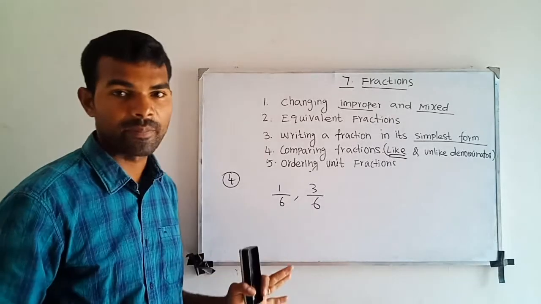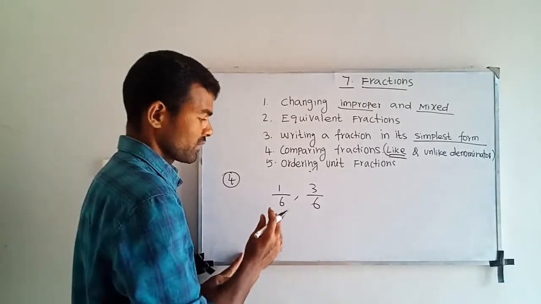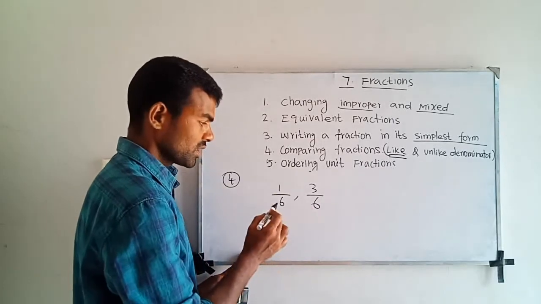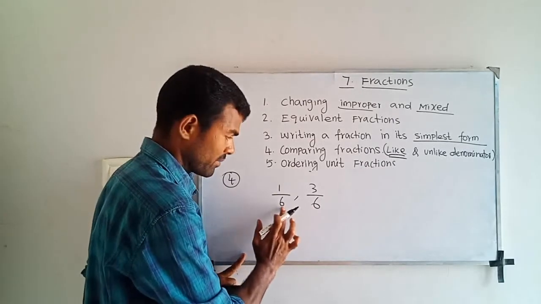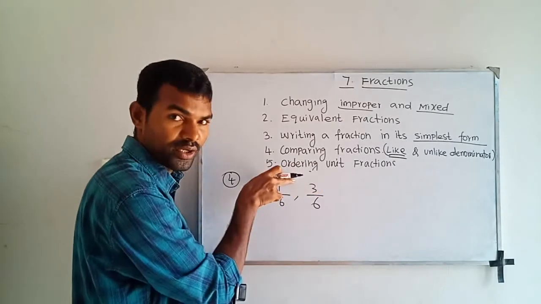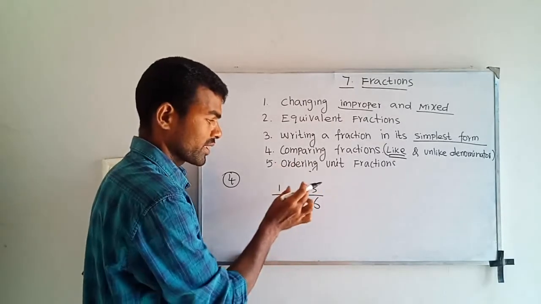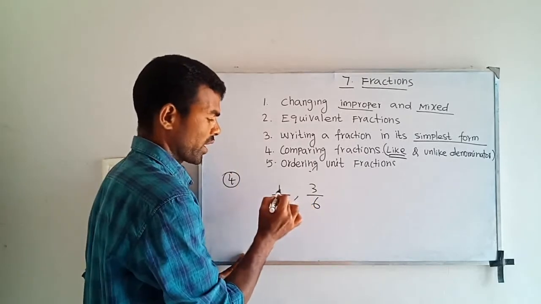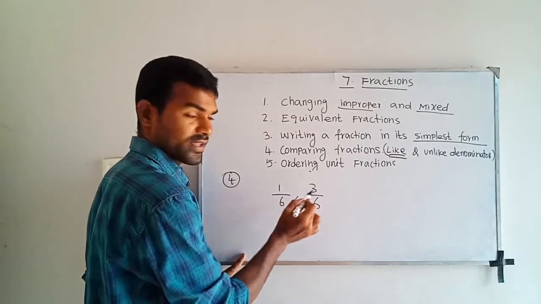We are going to compare 1 by 6 and 3 by 6. Since the denominator is the same, we can compare the numerator. See the numbers 1 and 3. Which is small and which is big?